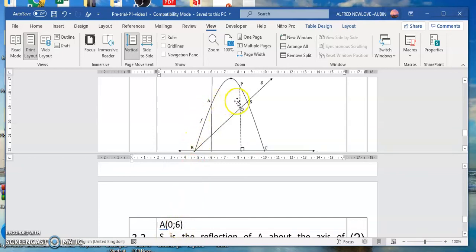So the y value here for S is also what? 6. Because the line drawn from here is parallel to the x-axis, so the y values are going to be the same.